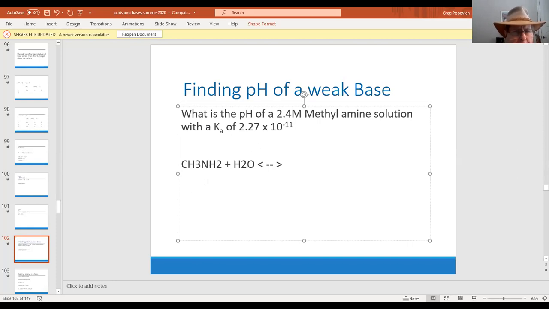So if methylamine is a base, what it is going to do is suck up an H from the H2O to make this thing, plus it's going to generate OH minus.